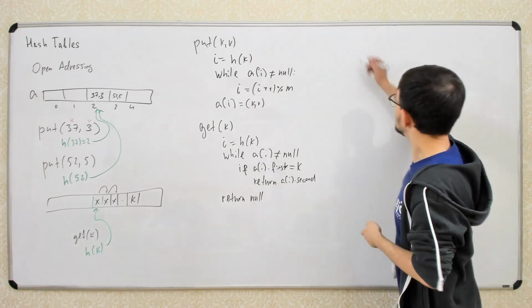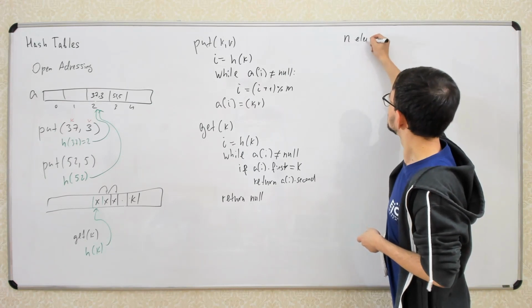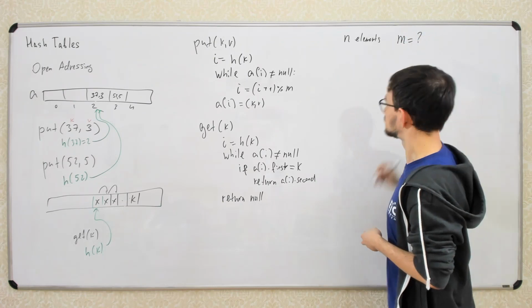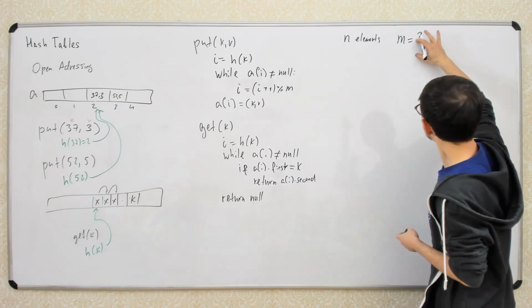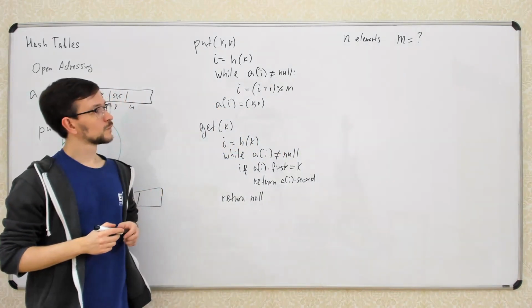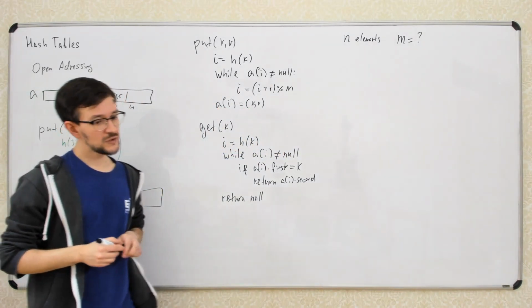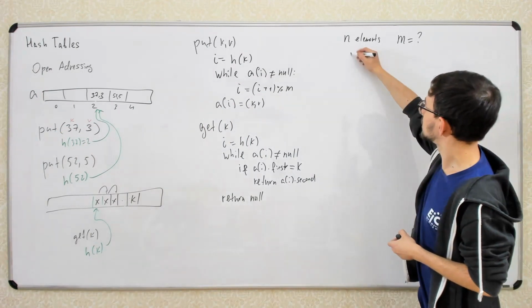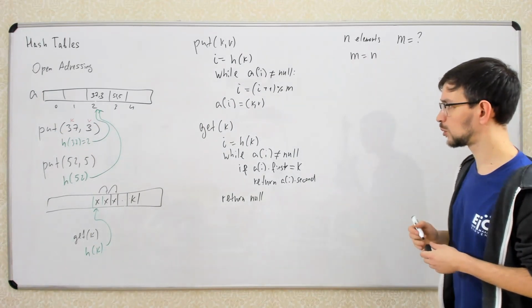Now, if you have a hash table of n elements, what should be the size of the array? Well, let's say we have the size of the array equal to n, what will happen?